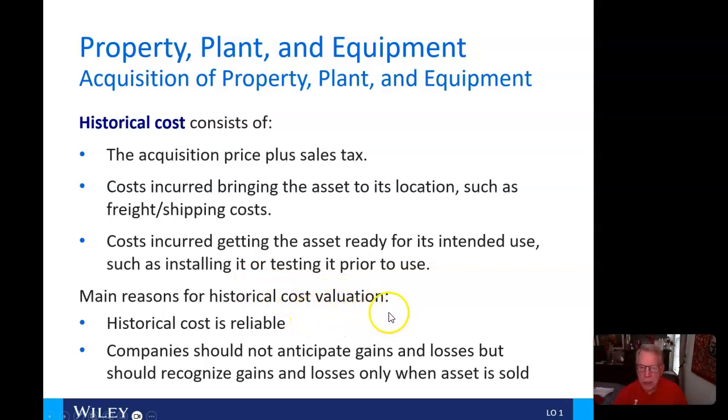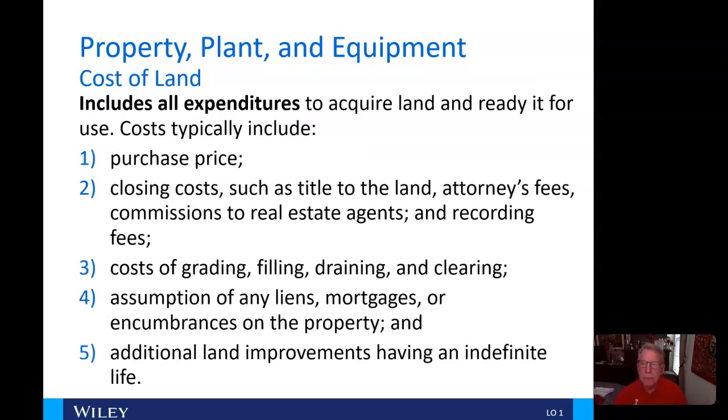We use historical cost for valuation. Historical cost is reliable, and companies should not anticipate gains and losses, but should recognize gains and losses only when the asset is sold.